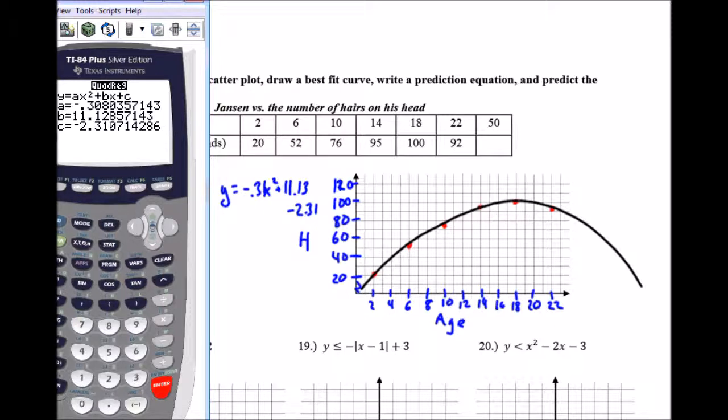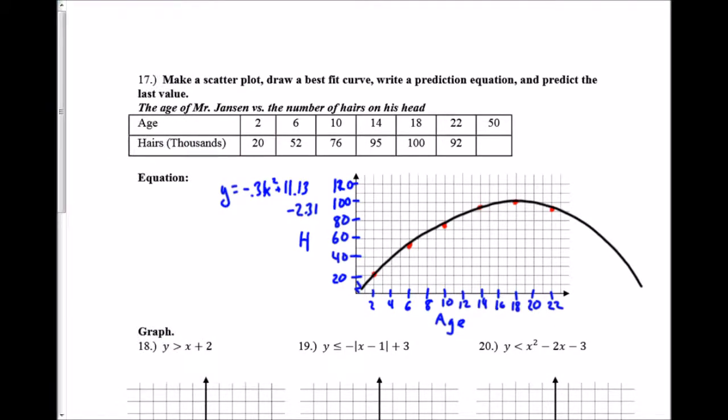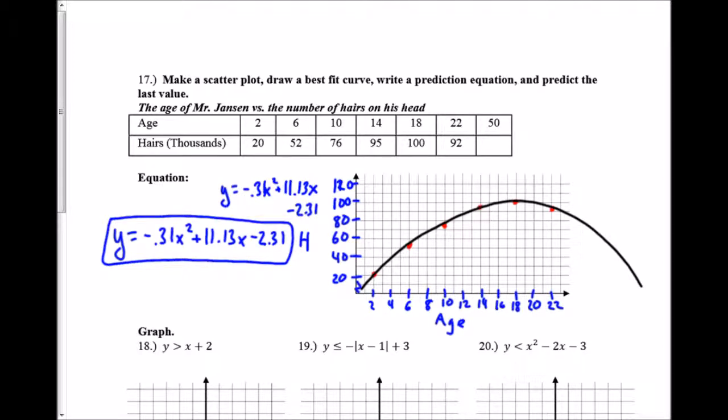Let me get this guy off to the side so I can write this a little bit bigger. So again, y equals negative 0.31 x squared plus 11.13x minus the 2.31. So this is the equation that I'm going to use. So I'm going to go back and I'm going to plug in the value that I'm looking for.